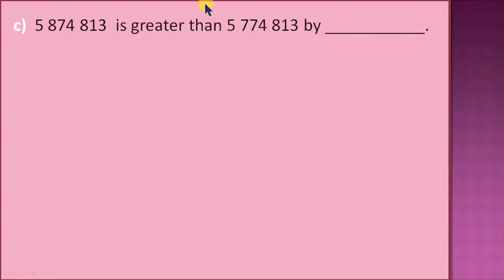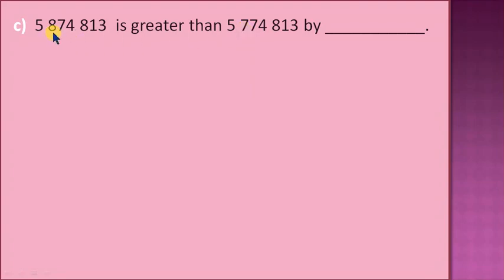In the other way, if you see this value carefully, all the digits are similar, but this place value is different: 700,000 and 800,000. You can see here 800,000 and here 700,000.